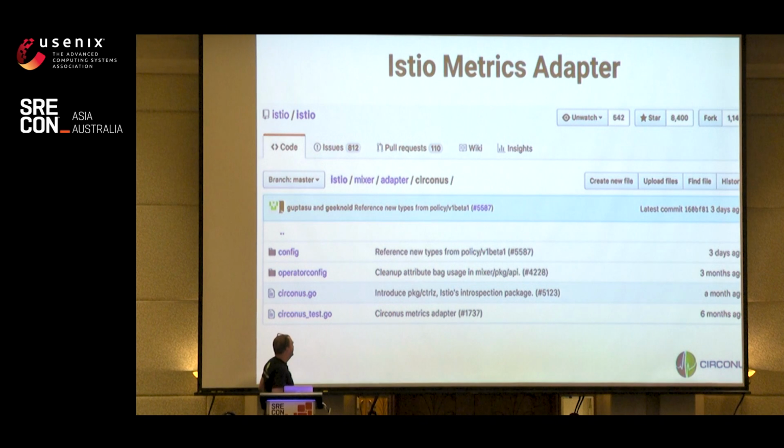So this is the root level of the adapter I wrote. We basically got a couple components here. Circonus.go is the actual adapter that implements the telemetry syndication. Circonus_test.go implements a number of unit tests to make sure that it's working okay.